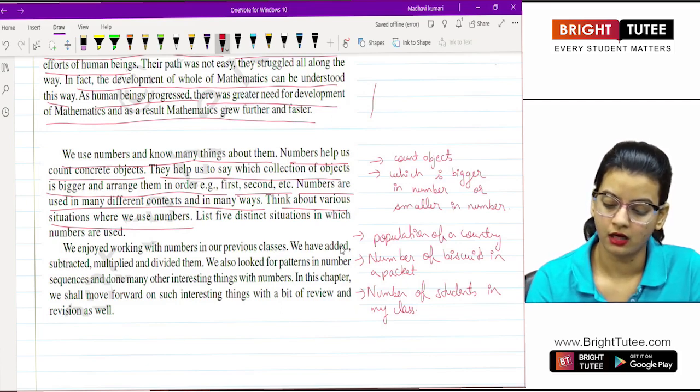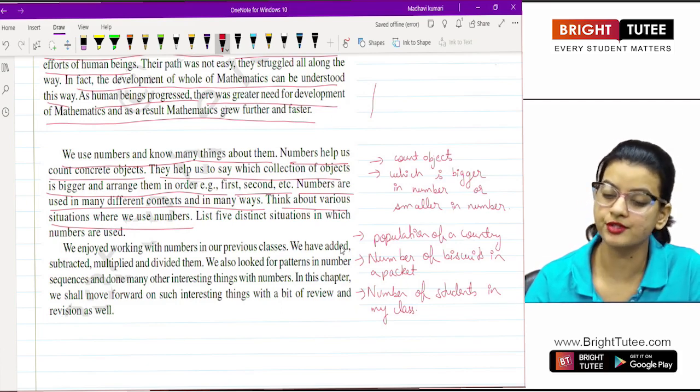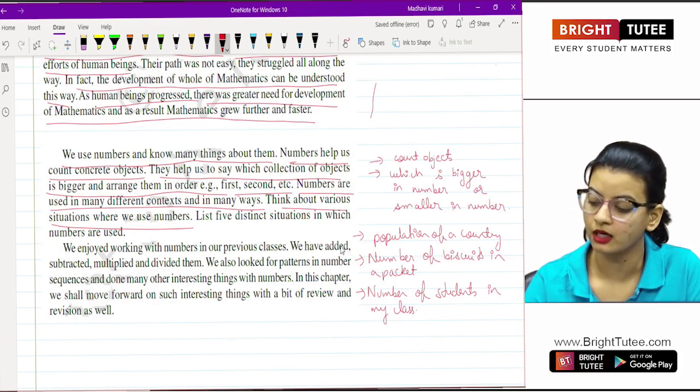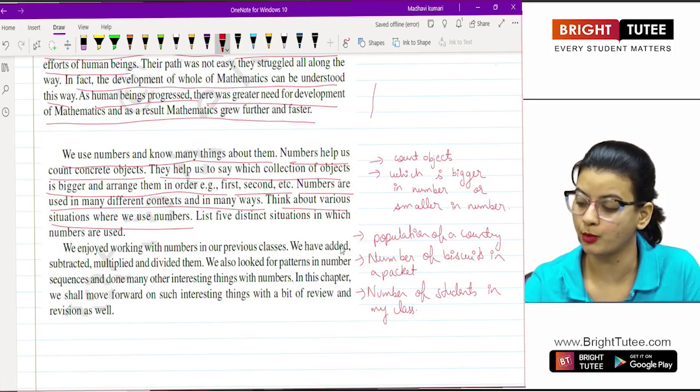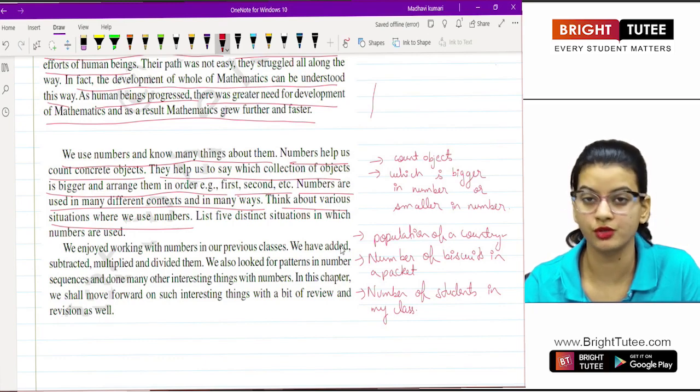I have listed different situations where we use numbers, like the population of a country, the number of biscuits in a packet, or the number of students in my class.